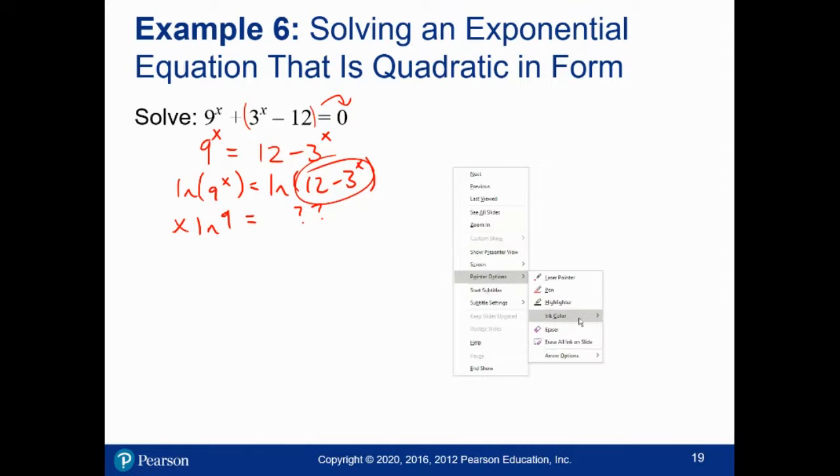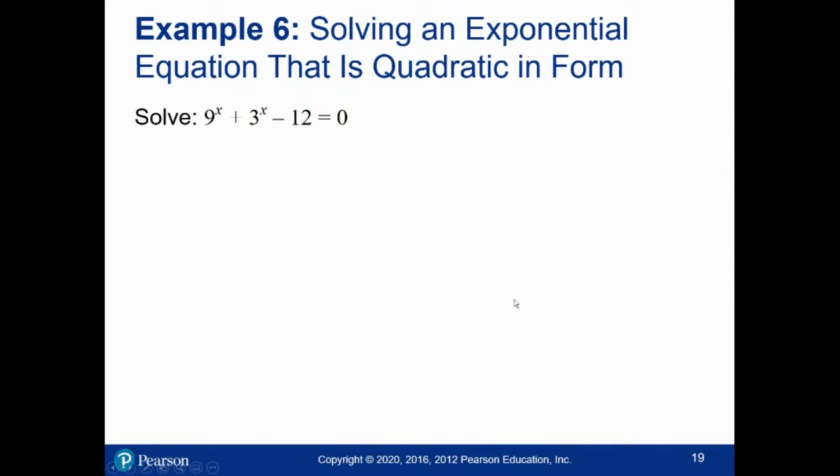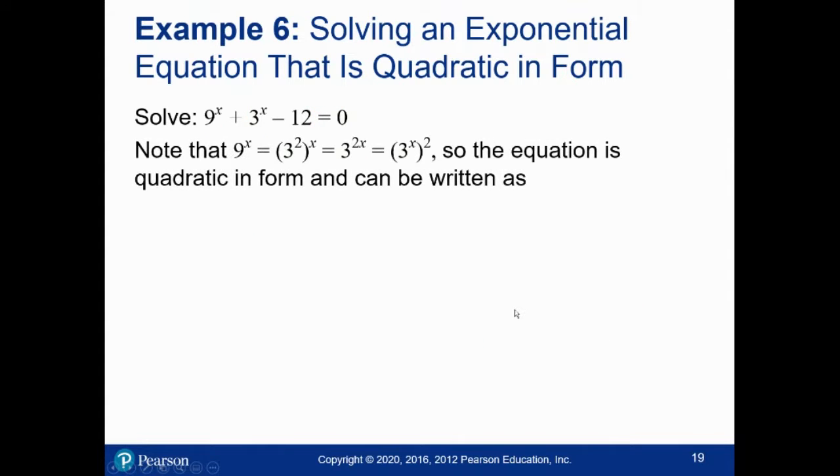This is a trick type problem. There's a little trick to it, which is to notice that 9 is 3 squared. So if I replace 9 with 3 squared, I can use properties of exponents and call it 3 to the 2x, which happens to also be equal to 3 to the x, squared.